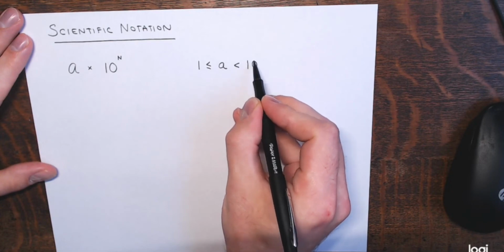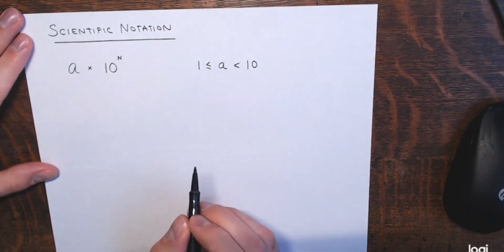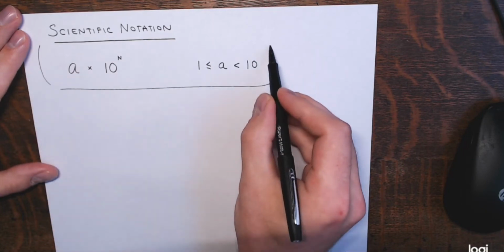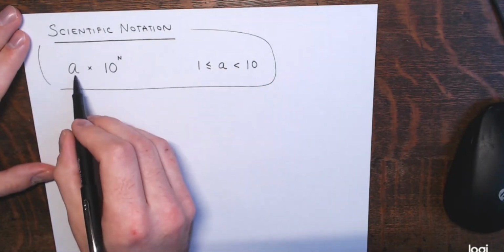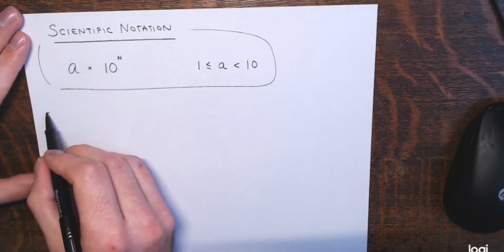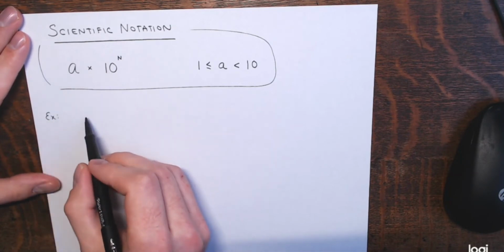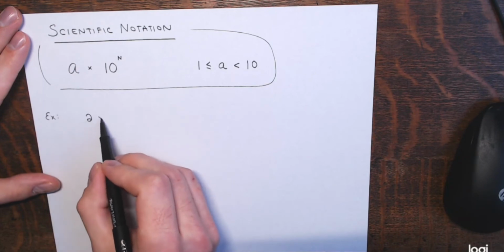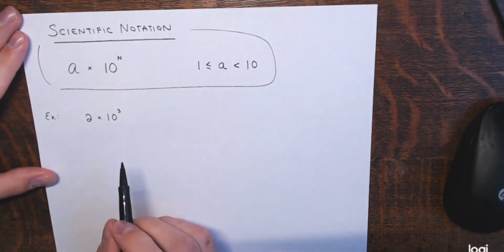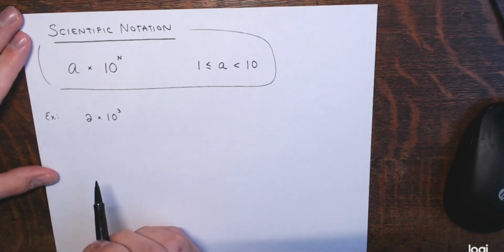So basically a number between 1 and 10 times some power of 10. For example, 2 times 10 to the 3rd power. This is a number written in scientific notation.